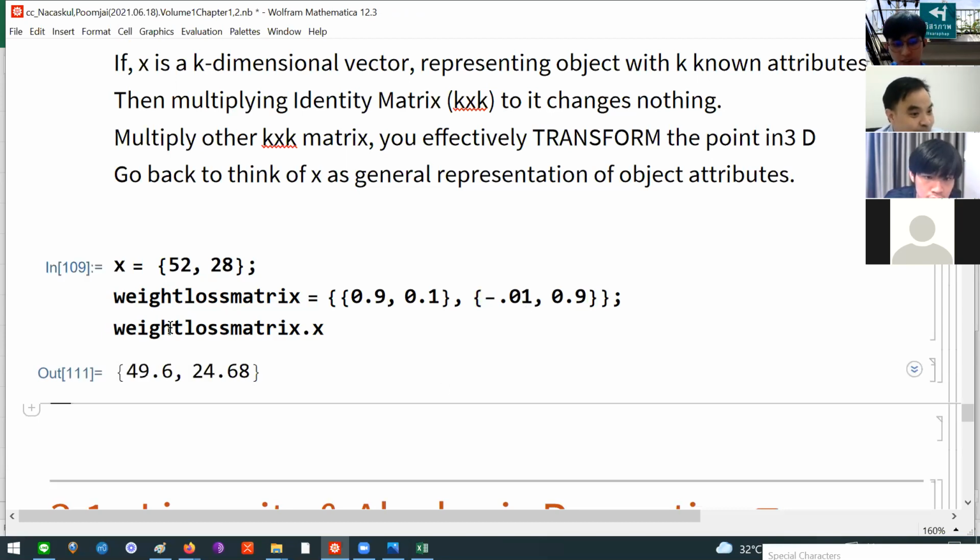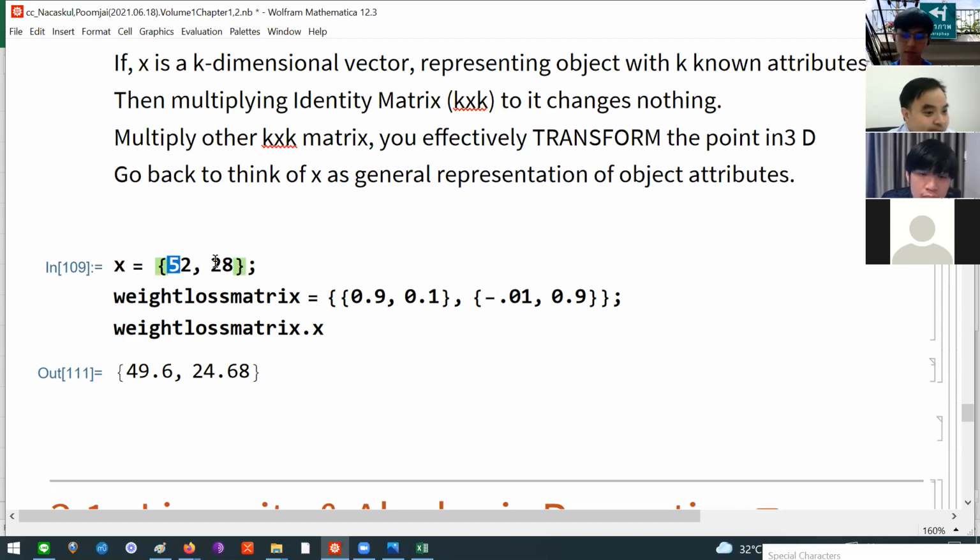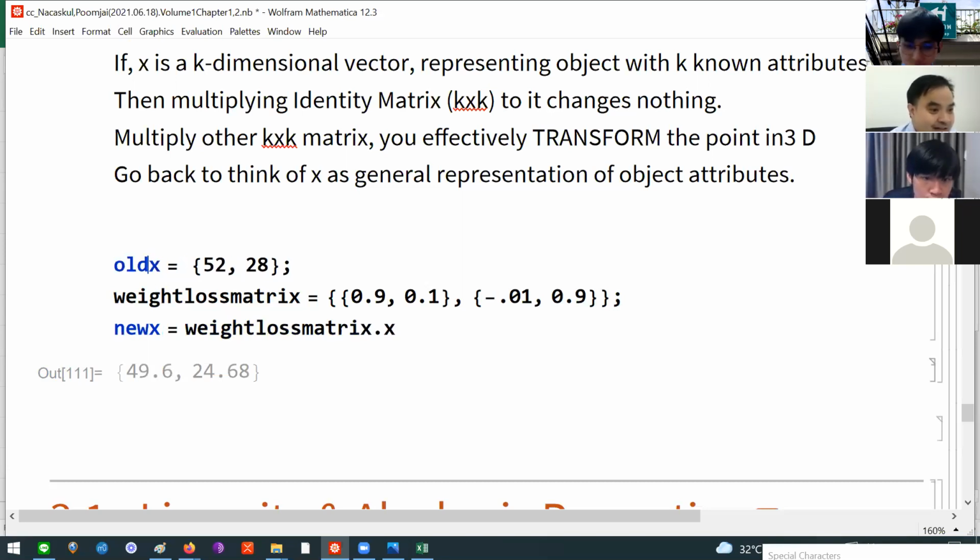So instead of being proportional, multiplied by 0.9 everywhere, you transform, you move this person from 50 kilogram, 28-inch into 49.6 kilogram, 24.68 inches.